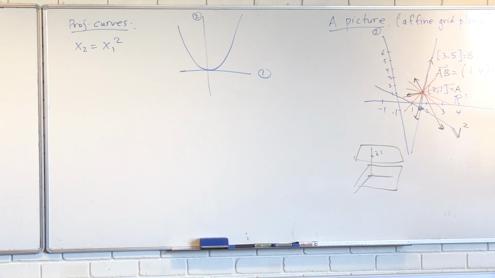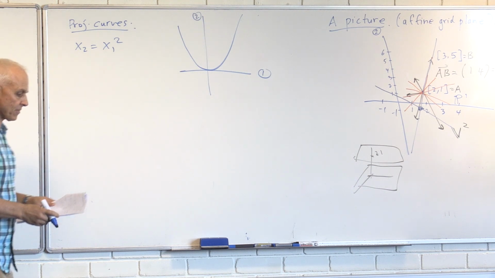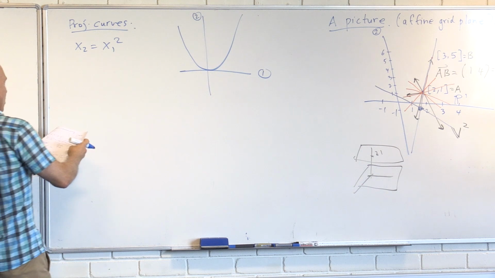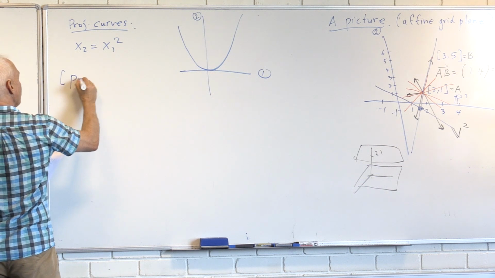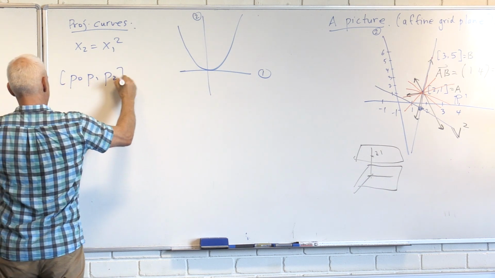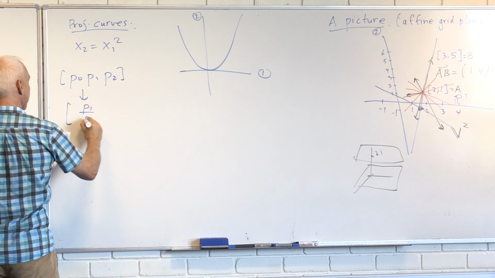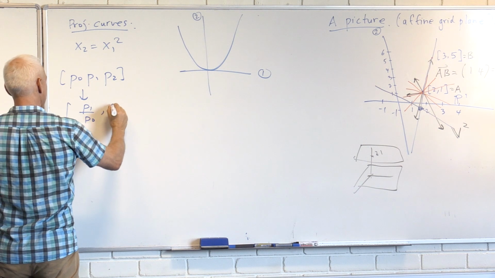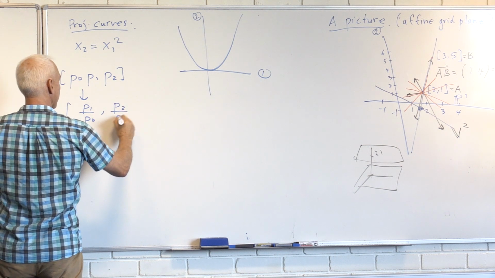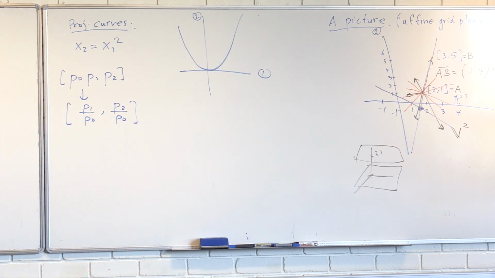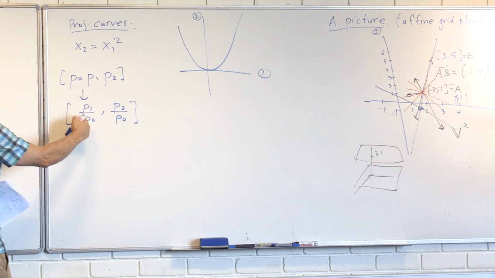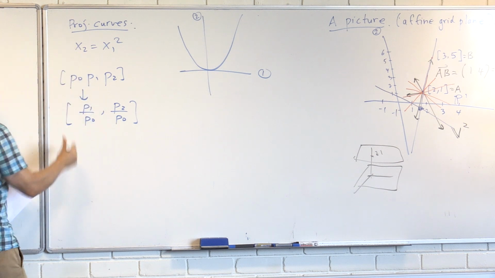So in order to convert that into a projective object, we think of the correspondence between a projective point and the corresponding affine point obtained by dividing by P0. So this point here will satisfy the equation.